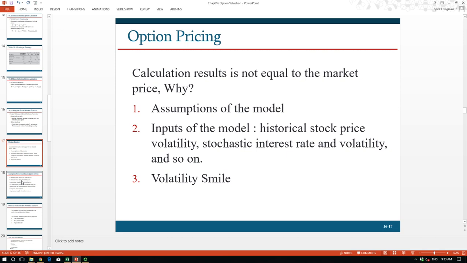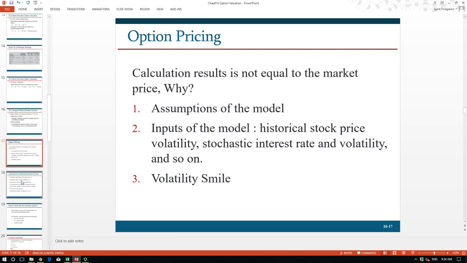And for deep in the money and deep out of the money options, the price tends to be higher than what you can get from the Black-Scholes formula. And then we call this a volatility smile, a kind of anomaly, because in theory the moneyness of the option should have nothing to do with the option price, right?